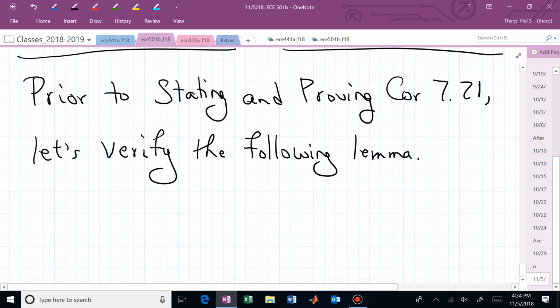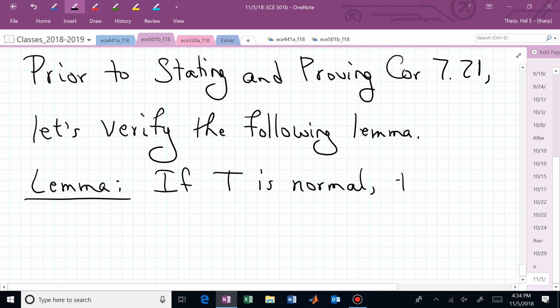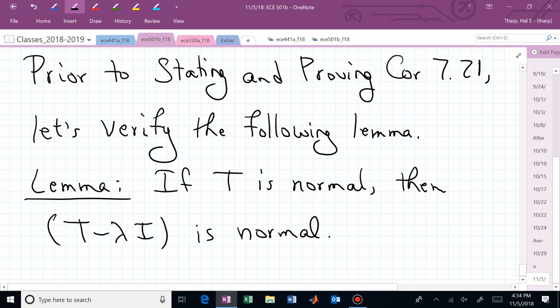And this lemma is actually as follows. If T is normal, then the following map, T minus lambda I, is also normal.